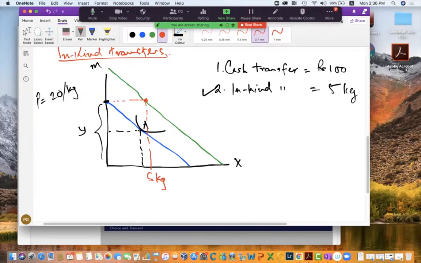After that, they can use some of their income to buy some extra food over and above the 5 kgs. If you start looking at those choices, you basically graph this. So the red is the budget line for the in-kind program. The green is the budget line for the cash transfer.